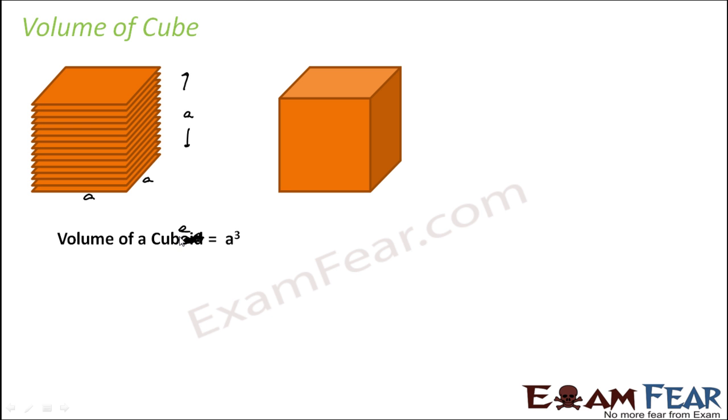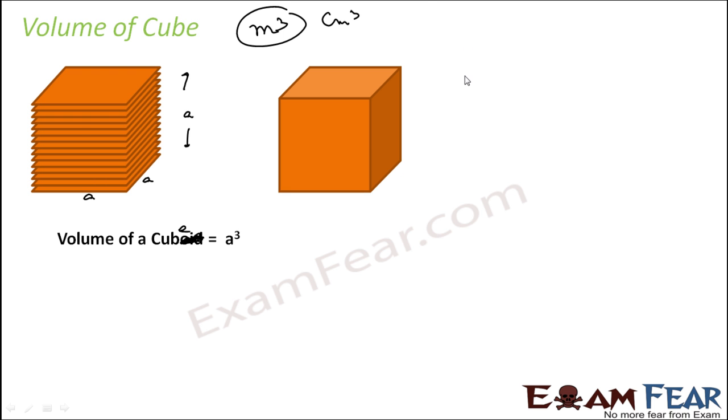Please note that the volume's dimension is always in meter cube or centimeter cube, to the power 3. As I told, the volume is nothing but the quantity of a 3D object enclosed by some closed boundary. For example, the quantity of water it can hold, quantity of air it can hold, or quantity of grains it can hold, and it is always in meter cube, centimeter cube, or liters.